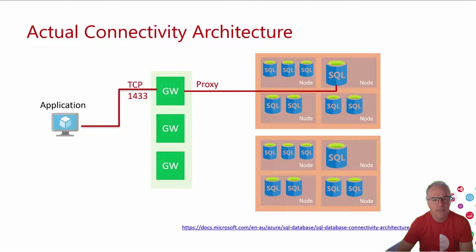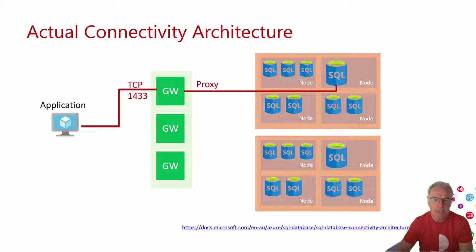Now that's quite simplistic because what actually happens is you connect to the Azure Gateway. That accepts your connection on port 1433, but then what it does, because your database can move between servers, by default you have 3 copies of your database that are kept in sync across different servers.